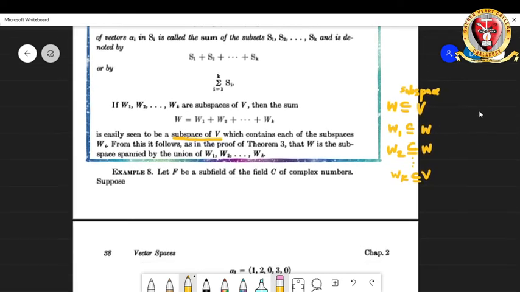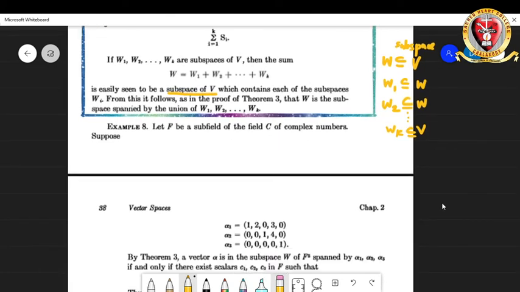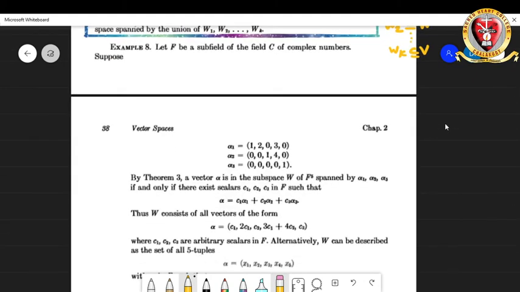Now in example 8, we are taking F to be a subfield of the field of complex numbers, and we are choosing three vectors alpha 1, alpha 2, alpha 3, which are 5-tuples.